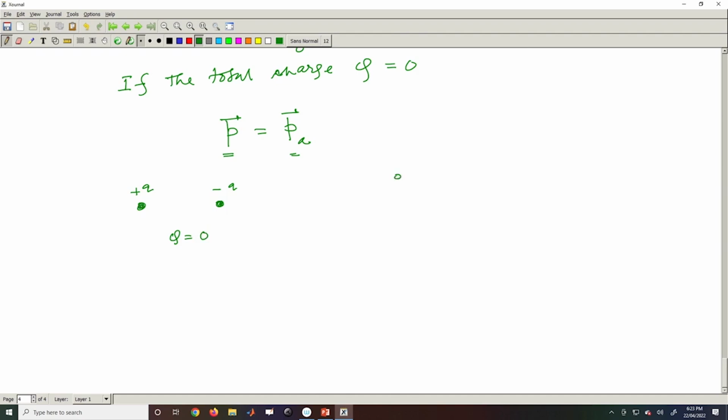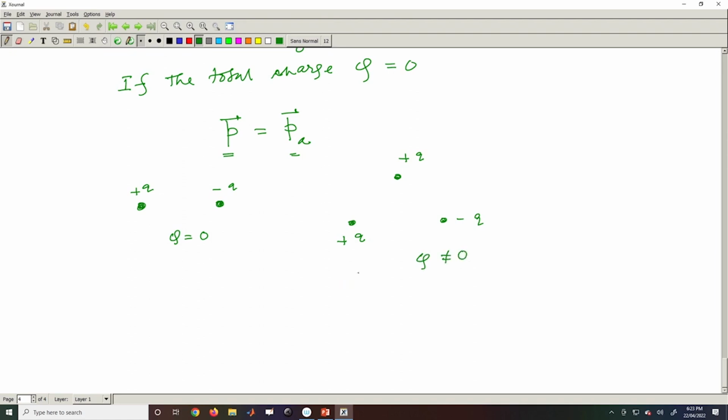On the other hand, if you have a three charge system, say this is plus q, this is minus q and this is again plus q, and somebody asks what should be the dipole moment of this system, then the total charge Q is not equal to 0 here.